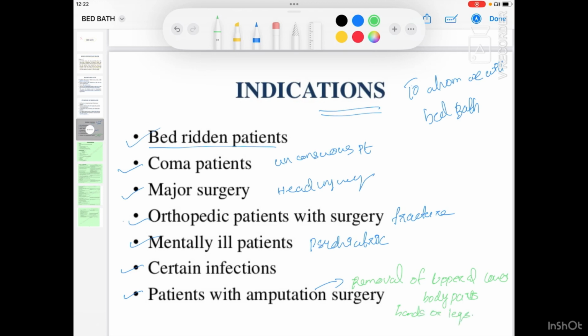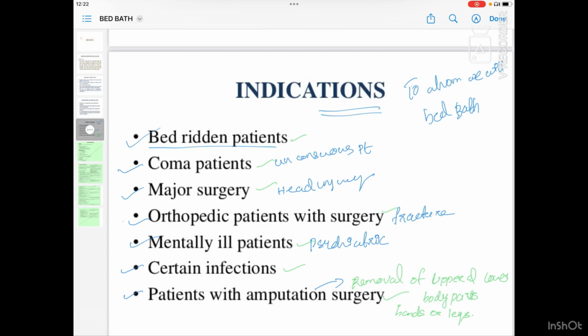So the indications are bedridden patient, coma patient, major surgery, orthopedic patient surgery, mentally ill patient, certain infection, patient with amputations. Okay, so let's move to the procedure.